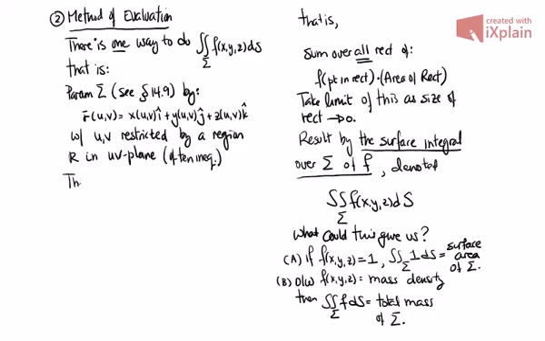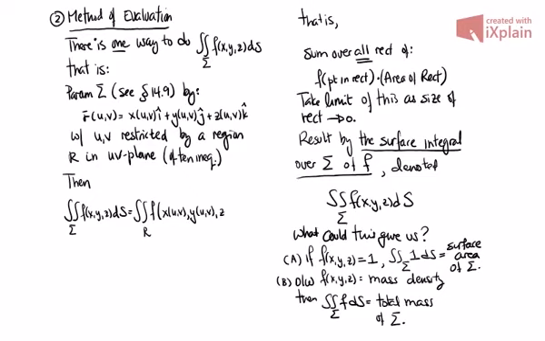So then what happens is the surface integral of f of xyz ds becomes the following. It becomes a double integral over R. Now, everywhere I see an x, I put x of uv from the parameterization. Everywhere I see y, y of uv.